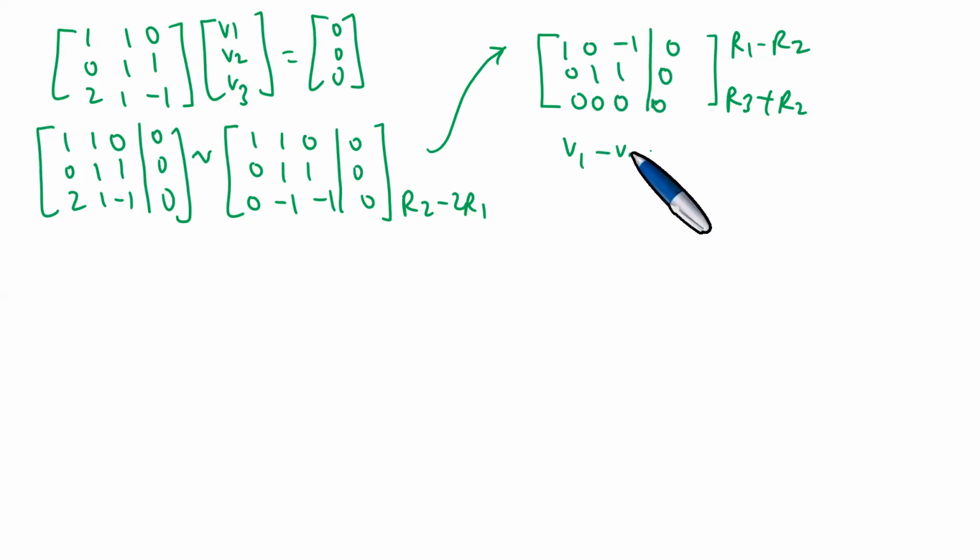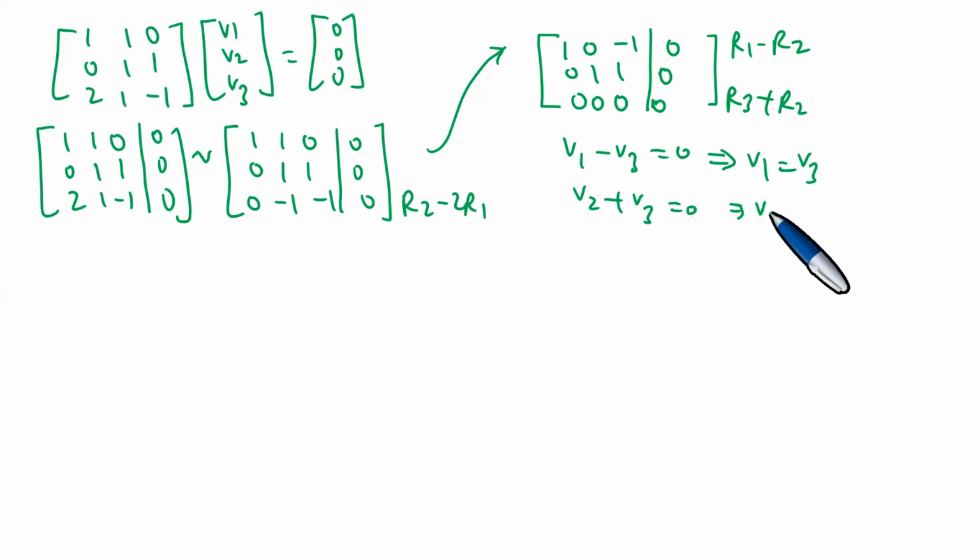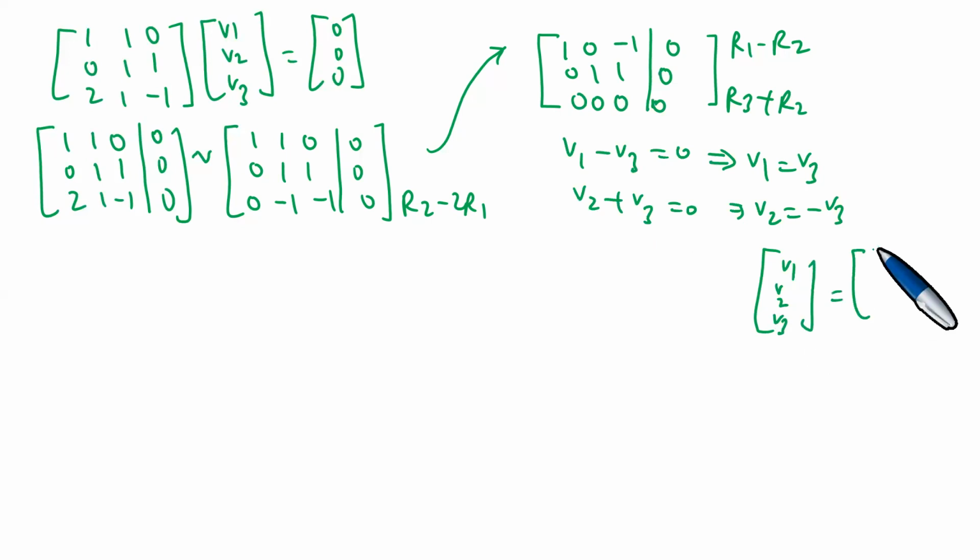V1 minus V3 is 0. V2 plus V3 is 0. And this means V1 equals V3. This means V2 equals minus V3. The eigenvector associated with this is the V1, V2, V3 vector. So V1 is V3, V2 is minus V3, V3 is V3.